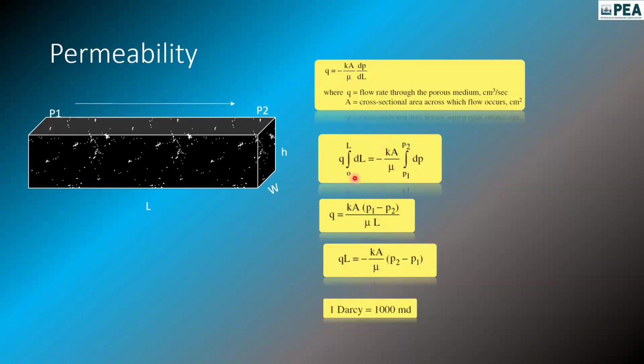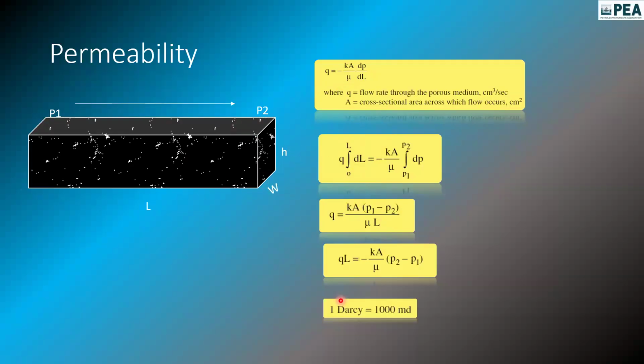If you import all the values from the diagram, like 0 to L, where 0 is the position near your wellbore and L is the length it has extended, you are measuring permeability up to that L value. You put in P1 and P2, the pressures corresponding to these two positions.